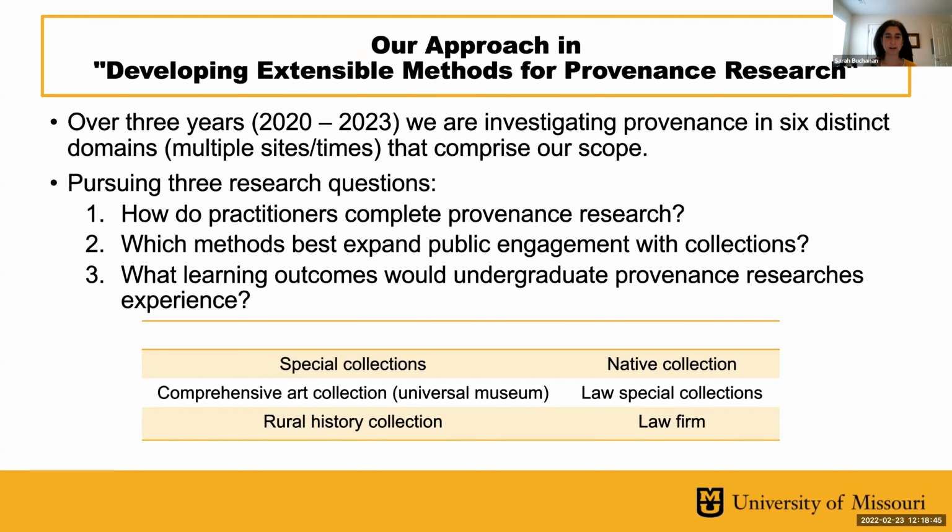As you see here, the scope of our project is uniquely broad. I'm particularly interested in the archival background for the issue of provenance because it has been so formative to the way that archivists process collections, and provenance is the key organizing principle for how we provide access to our collections.